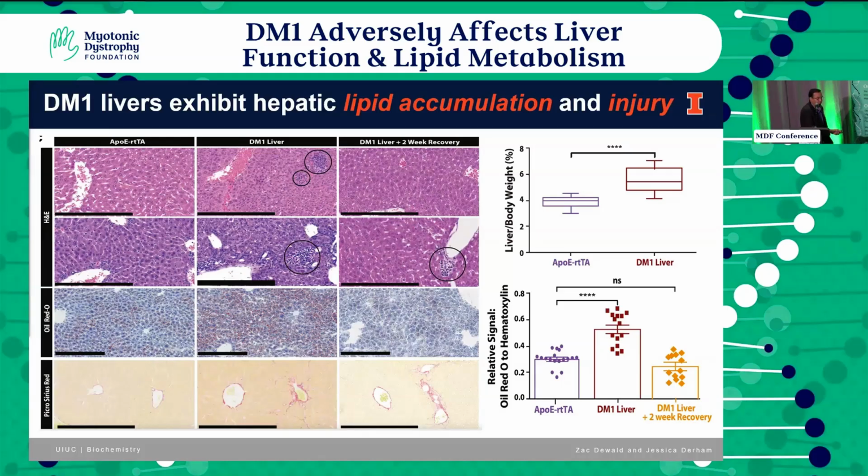Along with the injury indicators, the livers of DM1 mice were significantly larger and heavier, showing spontaneous lipid accumulation, which can be seen by Oil Red O staining here. Importantly, both the injury and the fat accumulation were dependent on RNA toxicity, and they were completely reversed when we removed doxycycline from the diet, and by 2 weeks, we saw those symptoms disappear.